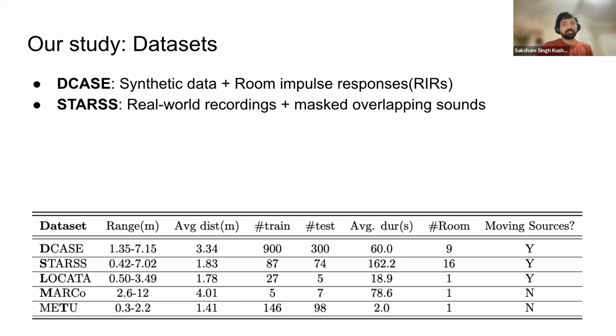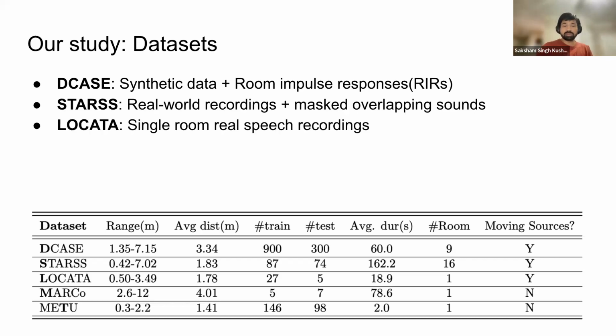Next is STARS, which is the largest real data that we use in our study and has been modified to mask the overlapping paths with corresponding room background noises. This is because our model currently can only be used for non-simultaneous sound occurrences. Next, we use LOCATA, which consists of single room speech recordings and is used in the study by Daniel and others that we use as one of our baselines.